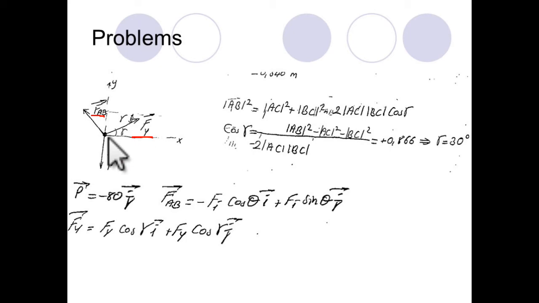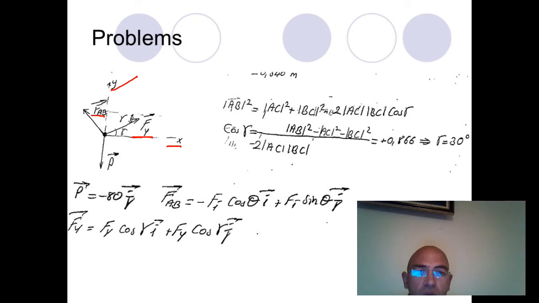I write the equilibrium at point A, and I assume that x is the horizontal axis and y is the vertical axis. I have the pulling force P. So basically the spring tries to pull it towards point C. This is why I choose this direction, but it doesn't matter.